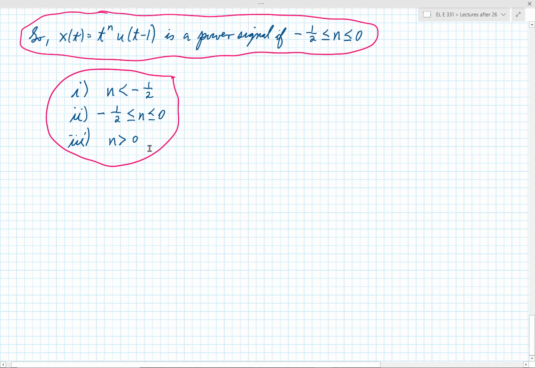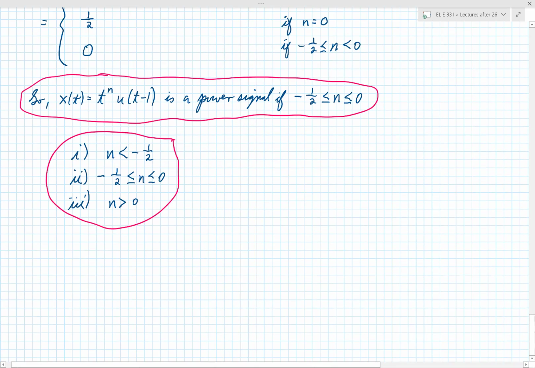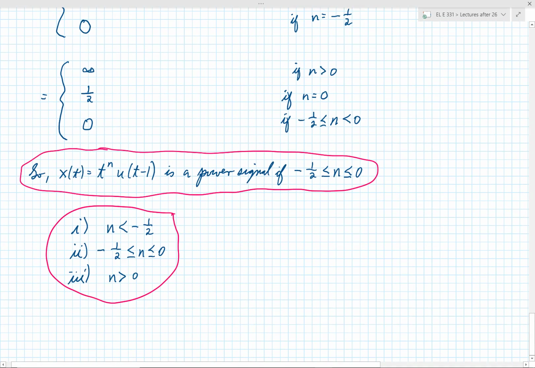And notice one thing that's interesting about this problem is that if n is greater than or equal to negative 1/2, but less than 0, then the average power of the signal is 0. And that's sort of interesting, because you might be tempted to believe that if the average power of a signal is 0, then it's an energy signal. But we know that it's not an energy signal. So you might think, well, how can it have infinite energy, but it has 0 average power?